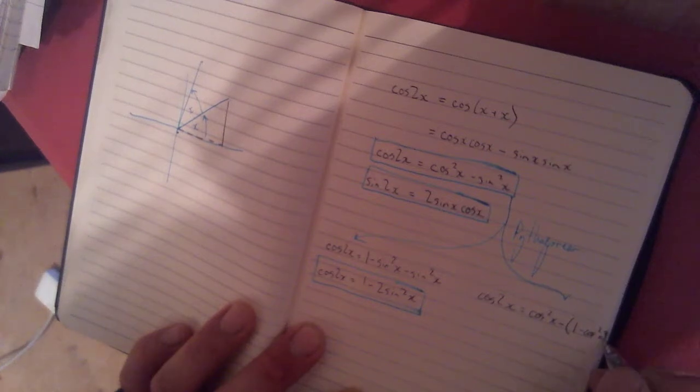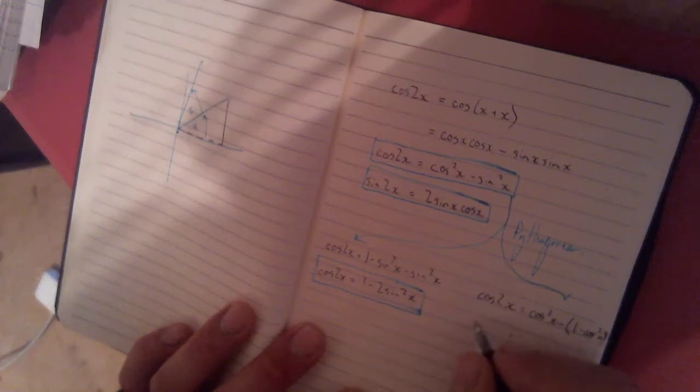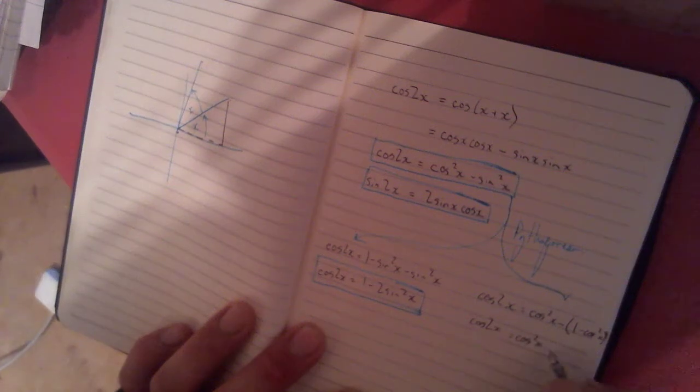There's a bracket closing that off. As I distribute the negative in front of that bracket, I'll have cosine squared x minus 1 plus cosine squared x, which means my second, or rather I suppose at this time my third version, is 2 cosine squared x minus 1.